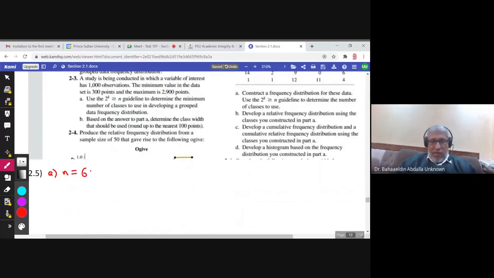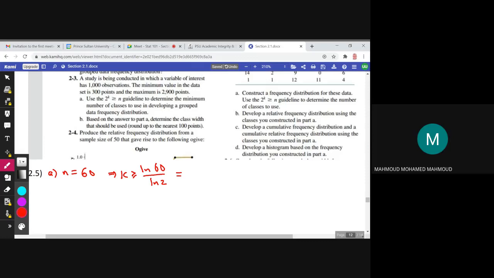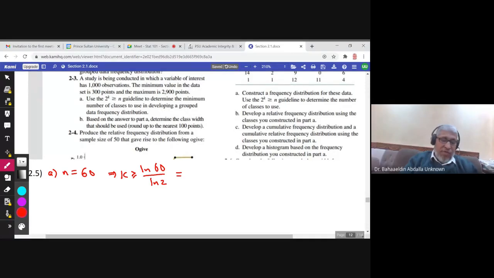So to determine the number of classes, 2 to the power k should be greater than or equal to 60, so k would be ln 60 over ln 2. If you find ln 60 divided by ln 2, it would be 5 point something, 5.9. So you round it up. So the number of classes would be 6.